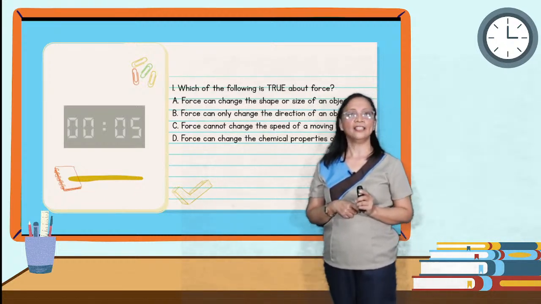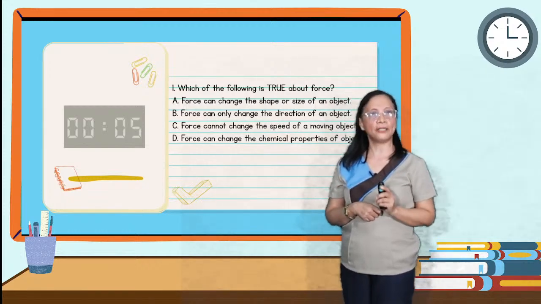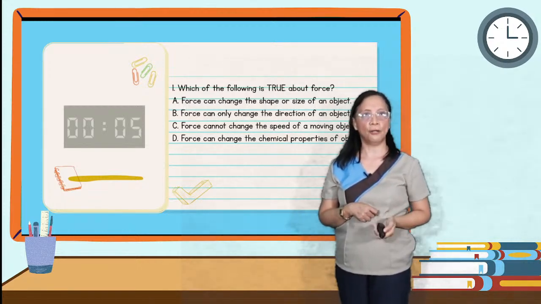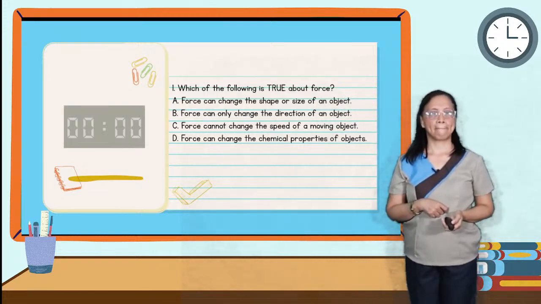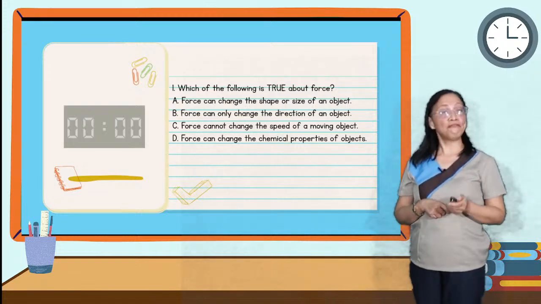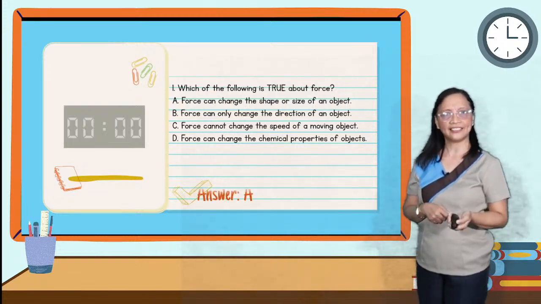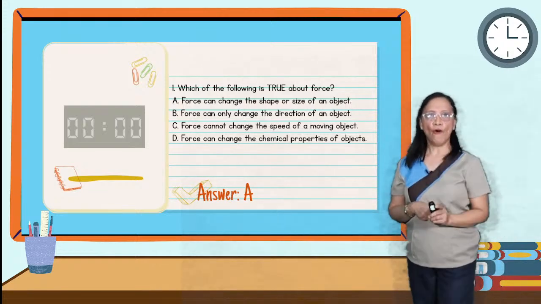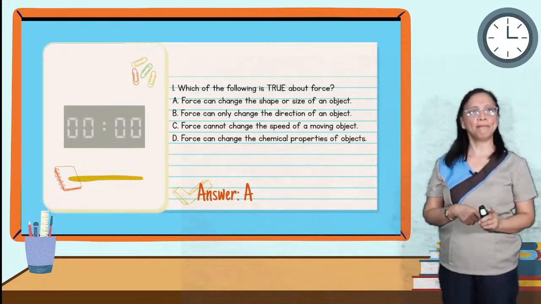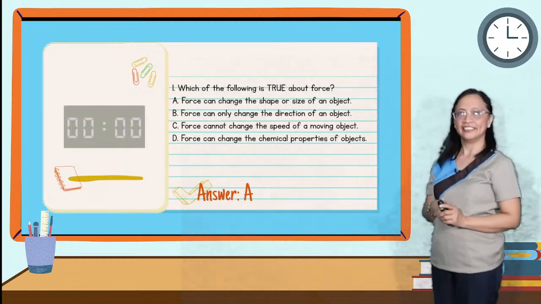Or D. Force can change the chemical properties of objects. Let's reveal the answer. What did you write? The answer is letter A. Force can change the shape or size of an object.